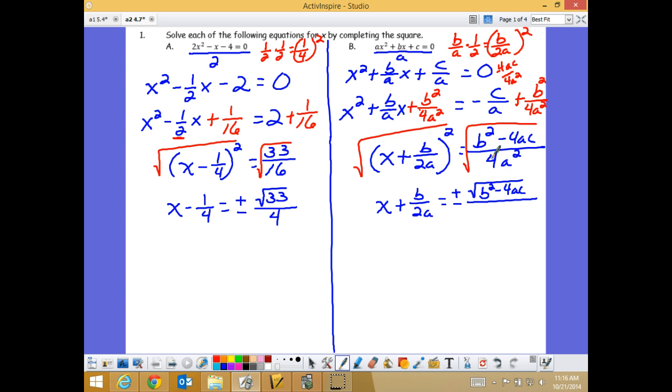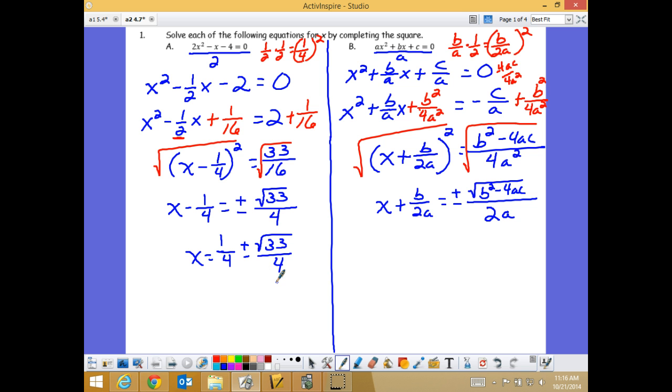The square root of the denominator, the square root of 4a squared, is 2a. And now we're going to solve for x by adding 1/4 to both sides. So x is equal to 1/4 plus or minus the square root of 33 over 4.